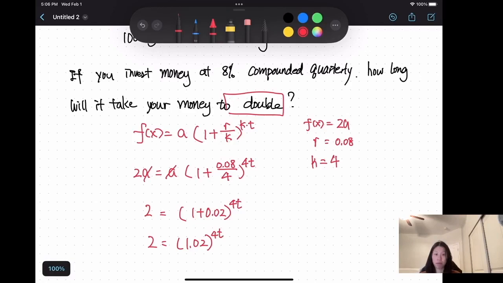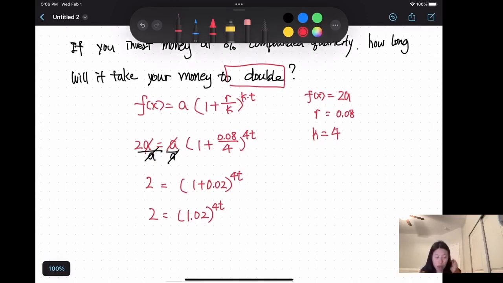And then, I just want to make sure that you understand. We divided by a on both sides, since they both have a. Okay, so now there is an exponential, right? We want to solve for the variable in the exponent position. To undo that, we need to use a logarithm function.